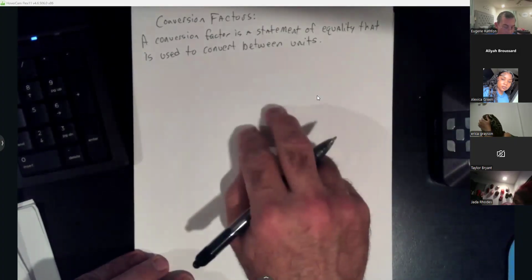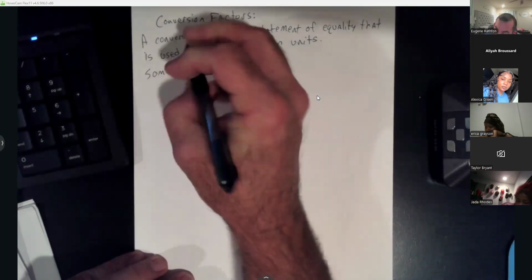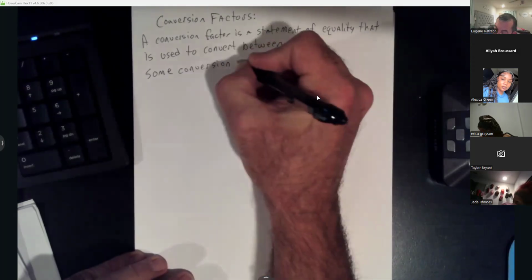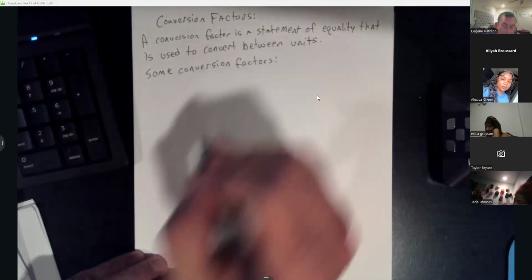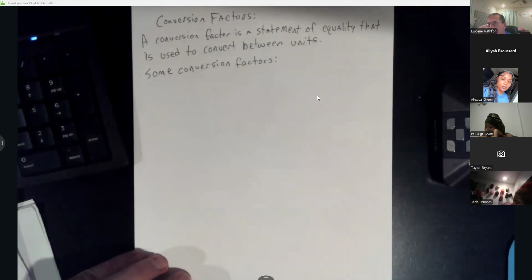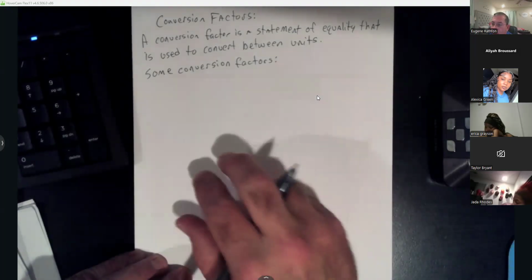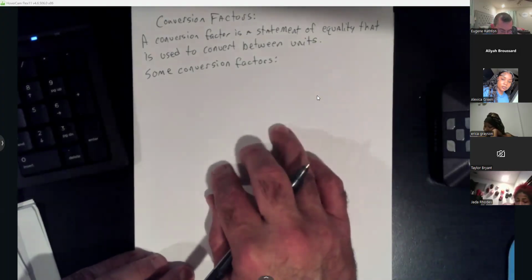So I'll show you some types of conversion factors. And then I put a sheet in week 3 for your Blackboard. Under week 3, I got a sheet you can actually print that's got a lot of conversion factors on it that'll be useful for helping you.